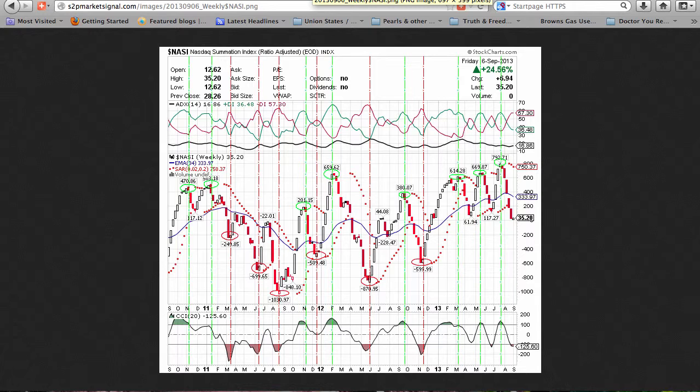At a positive 35.20 points, it continues below the November 2010 top, the January 2011 top, the November 2011 top, the February 2012 top, the September 2012 top, the March 2013 top, the May 2013 top, the July 2013 top, but above the March 2011 bottom, the June 2011 bottom, the August 2011 bottom, the December 2011 bottom, the May 2012 bottom, and the November 2012 bottom.